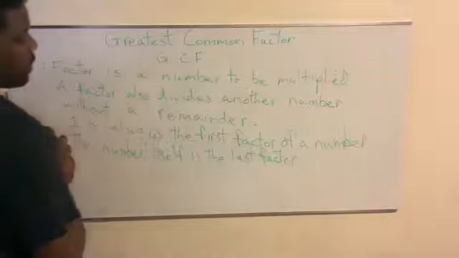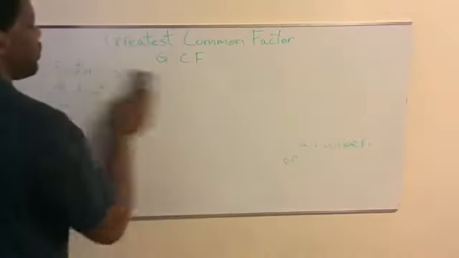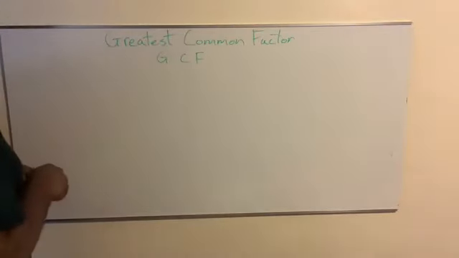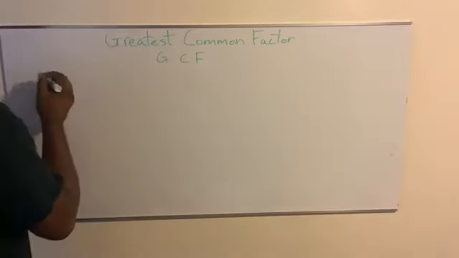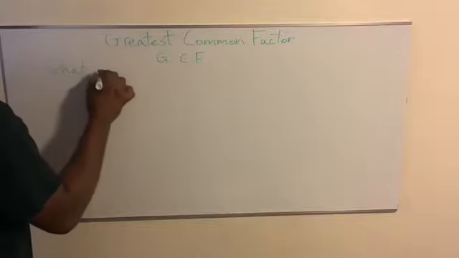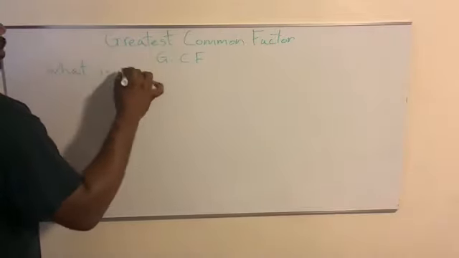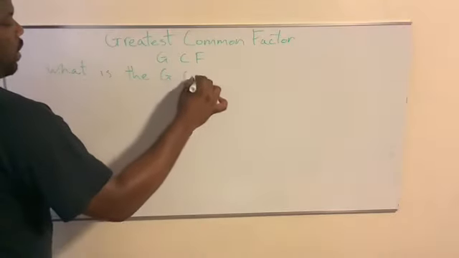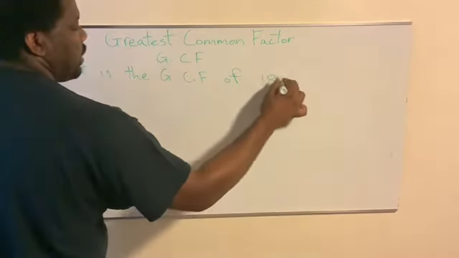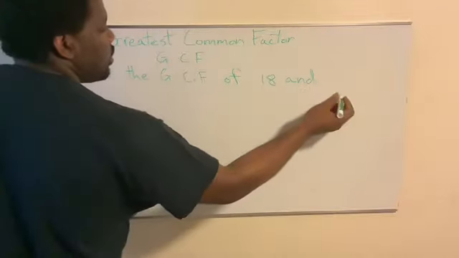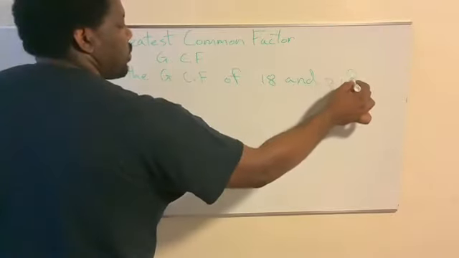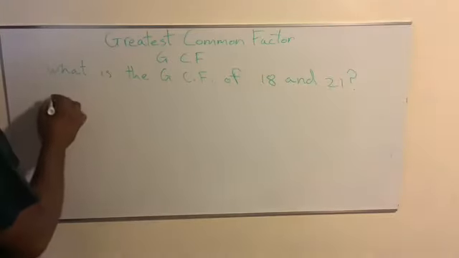So let's do some examples. What is the GCF of 18 and 21? Well, let's list all the factors of 18.